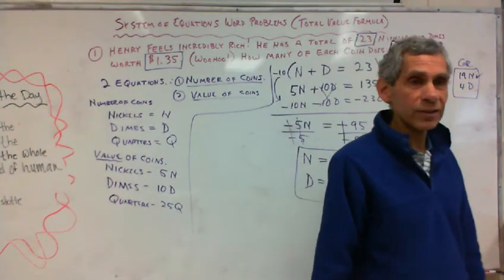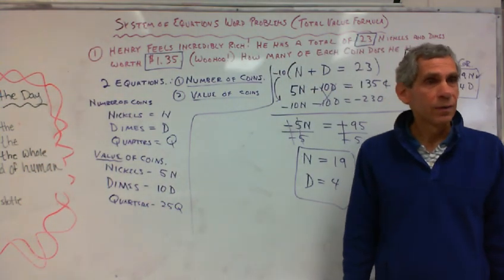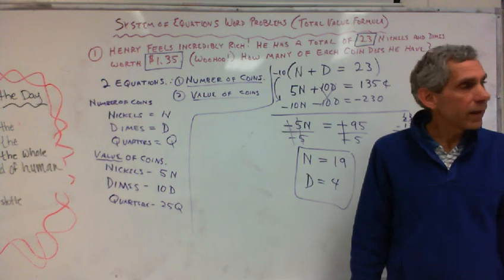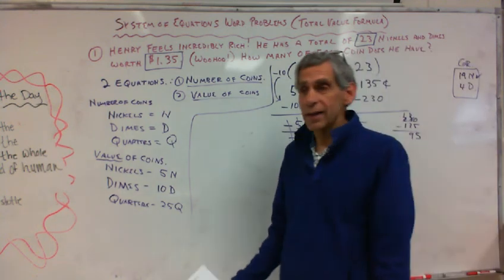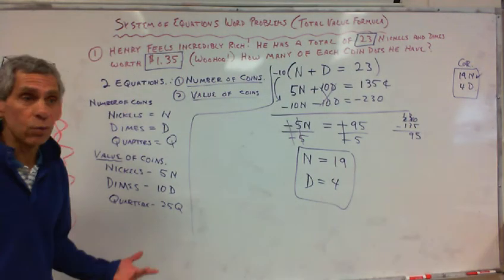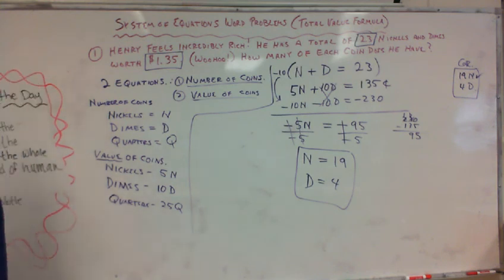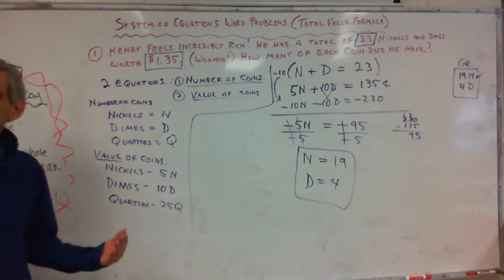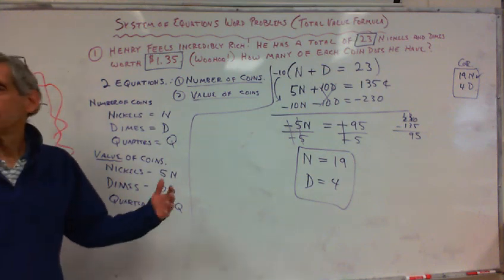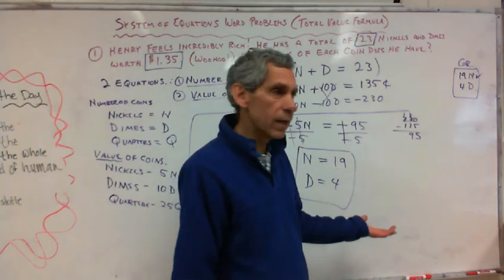Nickels, dimes, and quarters, and she has 40 of them. Right, that would be the number. Well, and let's say it was valued at $100. What would be your other equation for value? 5n plus 10d plus 25q equals how much was it? $100. Right.